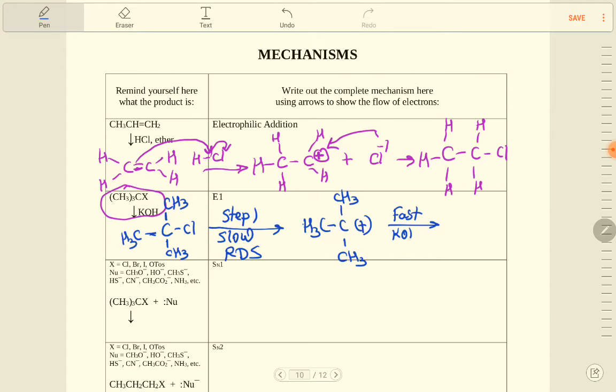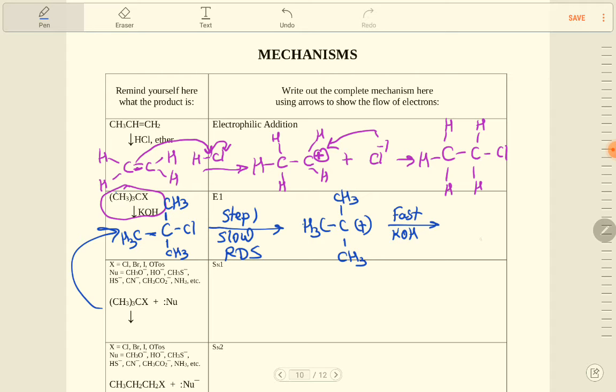KOH, and then you can see the, alright, I guess I work on this one. Yes, I work on this one. We are going to work on the other ones.